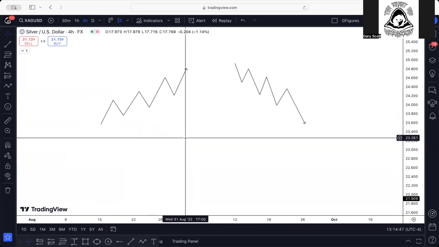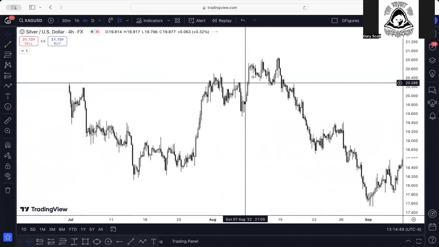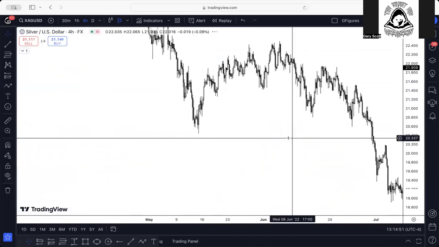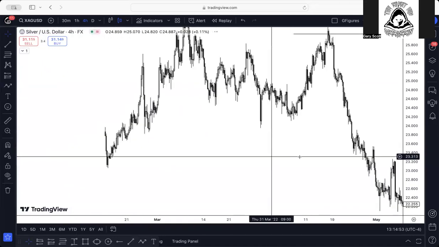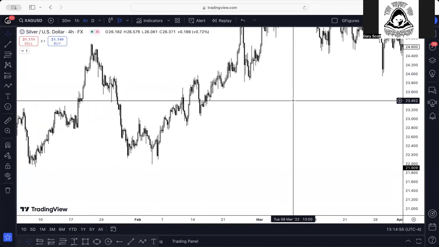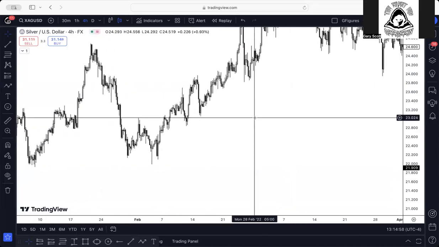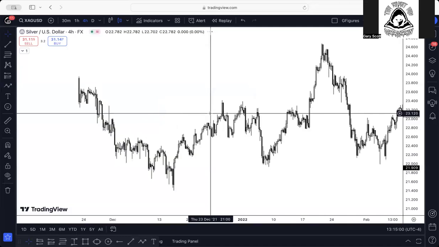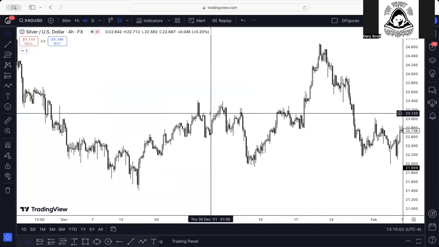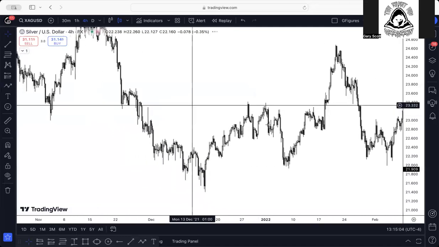Let's find an uptrend, and how price is using order blocks to take off and go in an upwards direction. So with that being said, let's get started, guys.